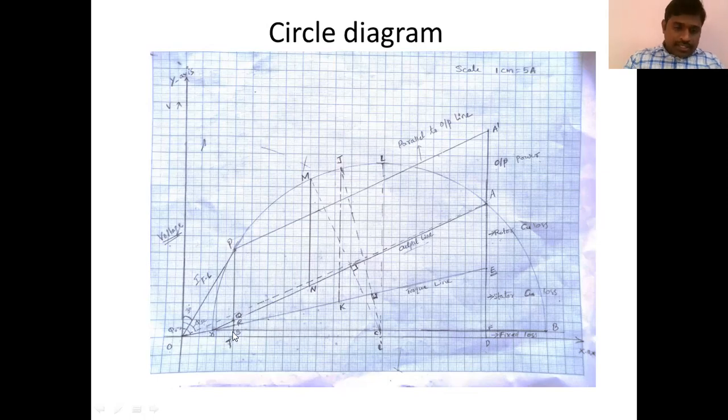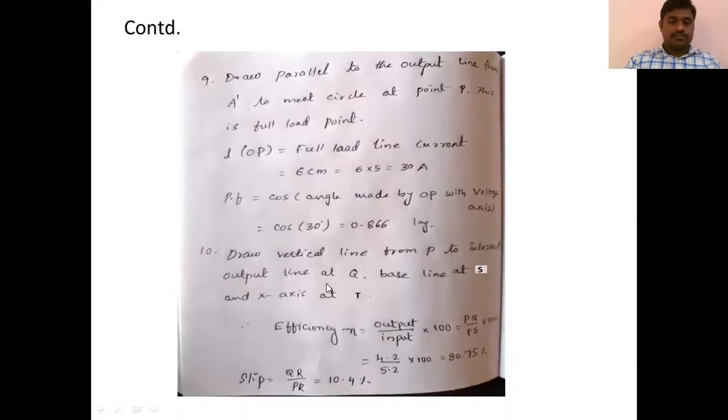And SR is your stator copper loss, and ST is your fixed loss. So the total input power is fixed loss, stator loss, rotor loss plus rotor output. Then this PT will give you your total input power. So from this you can calculate all the parameters.